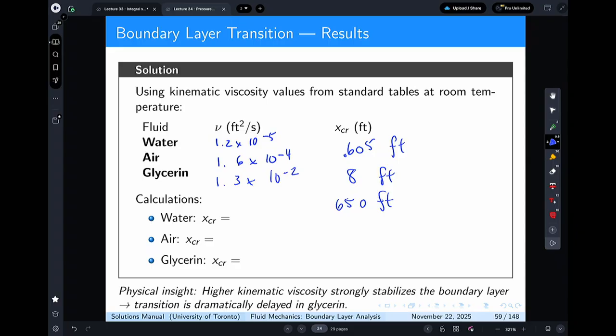Everything depends on kinematic viscosity. So 0.605 feet, 8 feet, 650 feet for all 3 cases. And it's important to sort of get a physical feel for that, the fact that air, water, and well, maybe not glycerin, but how air and water will change where you have a transition point.